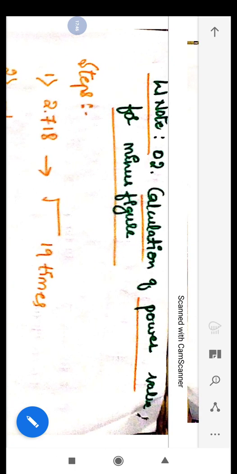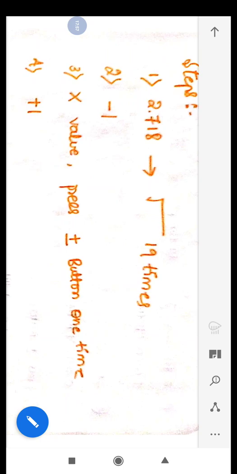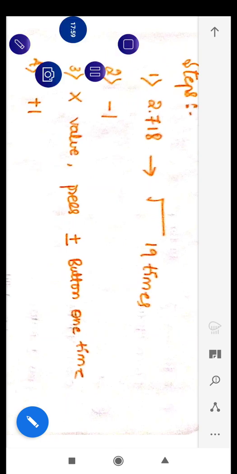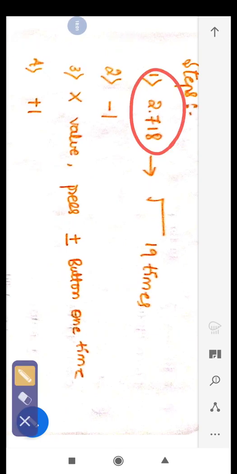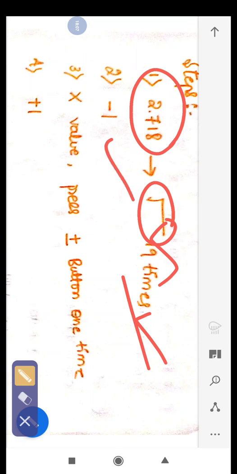See here, so how to calculate the log if we have minus values in the power. So steps here are a little bit same. 5 steps are there. First we have to press 2.781718 for 19 times. The square root should be pressed for 19 times. Next, minus 1. Next, into the value which you want to calculate.